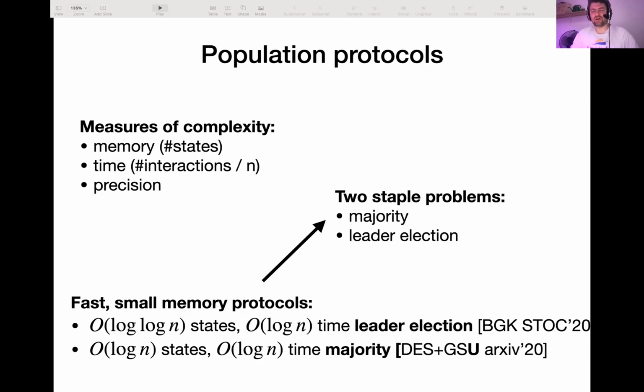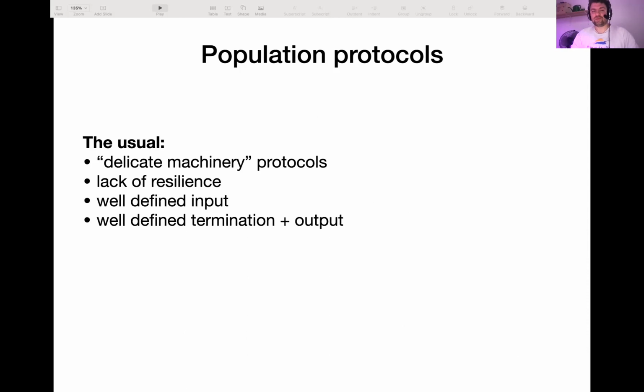And roughly we know, after a long line of research, that both of those problems have protocols with an almost constant number of states that work quickly, in logarithmic parallel time. The typical solutions, the way the proofs operate, is that there is some form of delicate machinery that constructs complicated combinatorial solutions, but those protocols lack resilience.